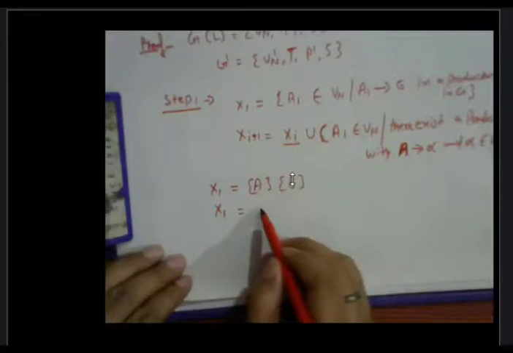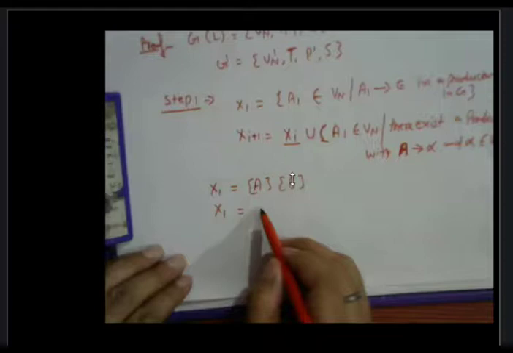Now the value of Xi plus 1 can be calculated with the help of this. Then the value of X2 is equal to the value of AB union the value which can derive these.